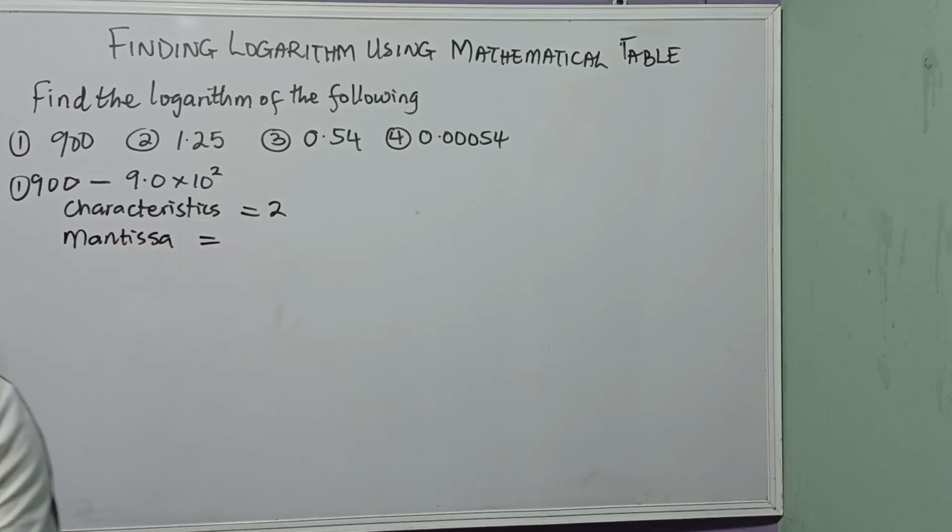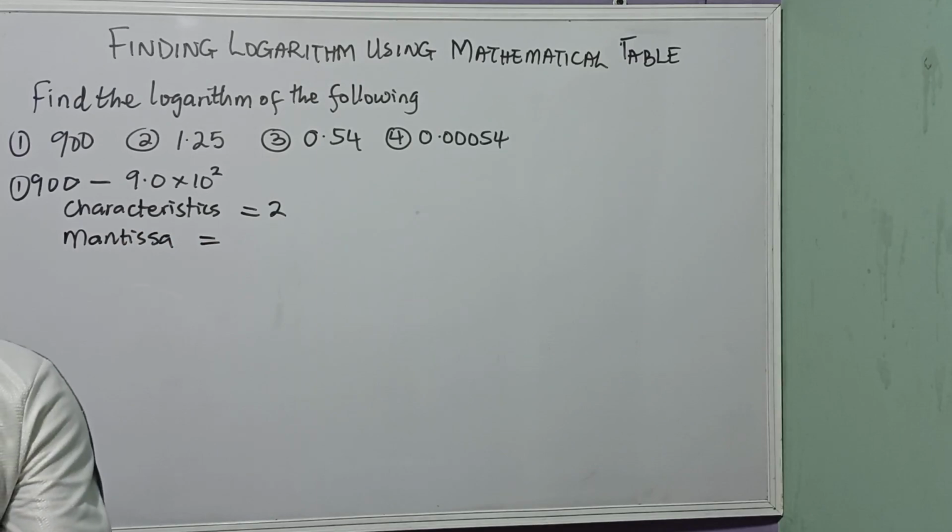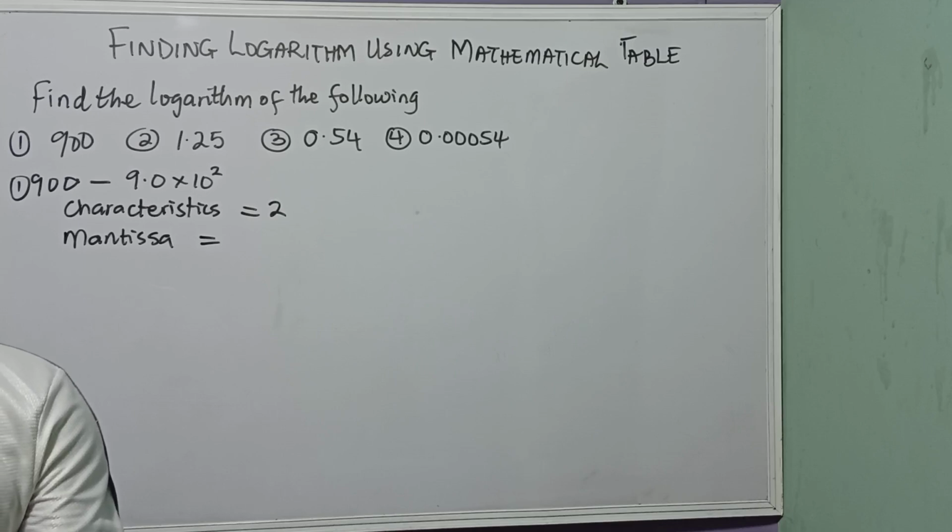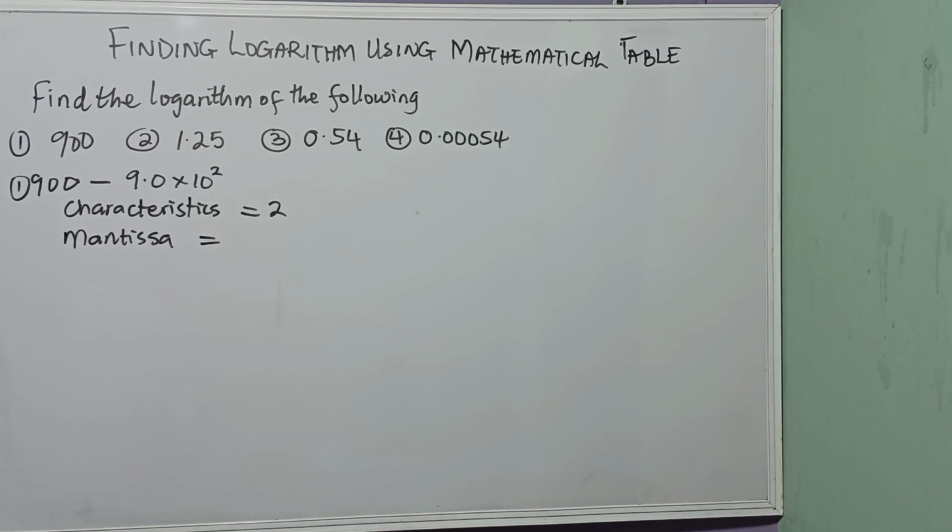Now our mantissa will be determined from our log table. If we look at our log table, we are looking for log 90 under 0. We are looking for log 90 because in our log table we do not have 9. Since there is no 9 there, the next value will be log 90.